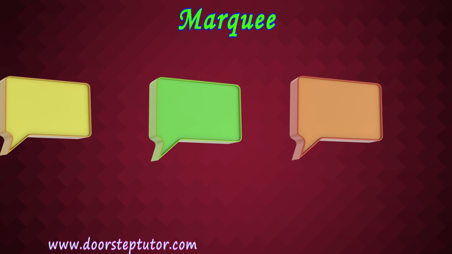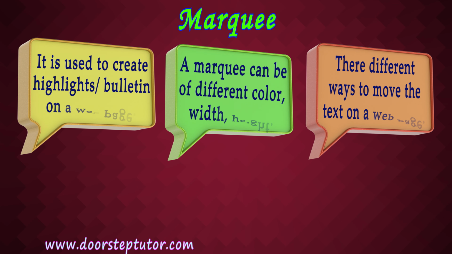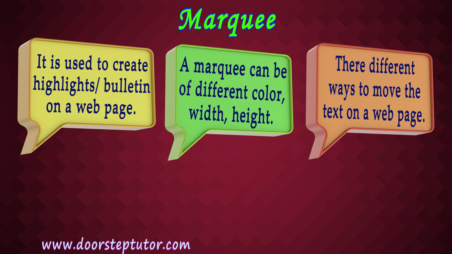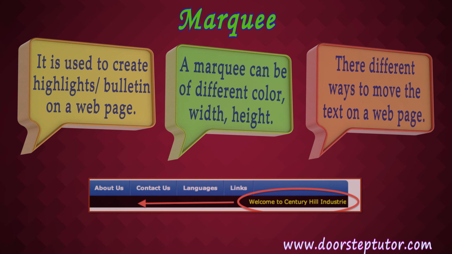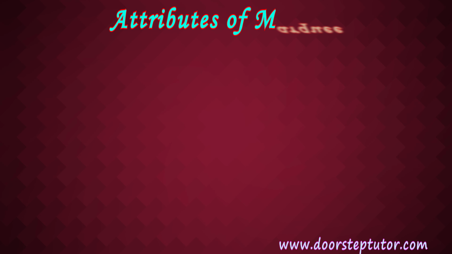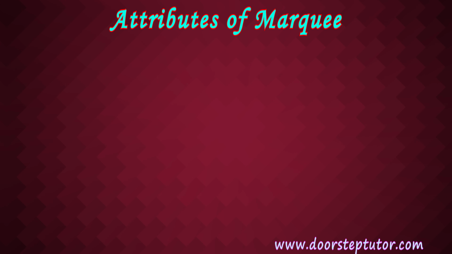It can have different properties, like it can move from left to right, right to left, or in continuation, or we can have some highlighted points or text on the web page as marquee. Here is one simple example to show how marquee is used. So let's move to our next slide to learn about different attributes that can be used along with the marquee.